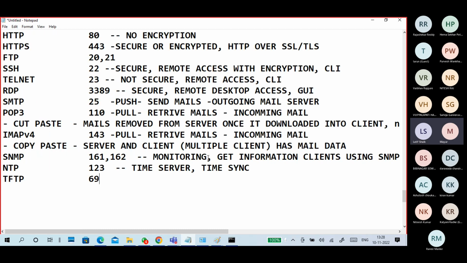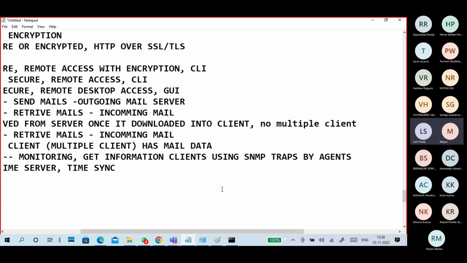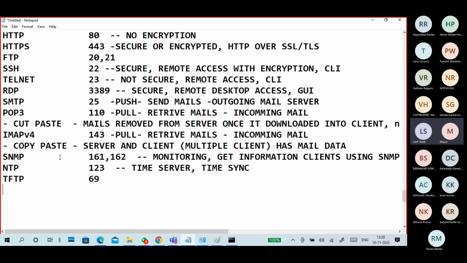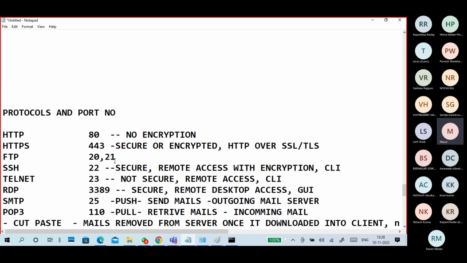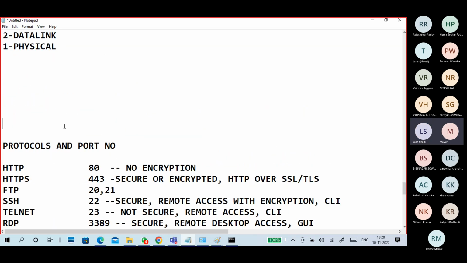If you don't get it, no problem. Later you can try. What is this SNMP? Guys, when I said if you don't get it, no problem, I mean at present. But once the class is completed, look up what SNMP traps are, what SNMP agents are, what SNMP is. If you search, you will get to know so many things. Okay, so that is the point.